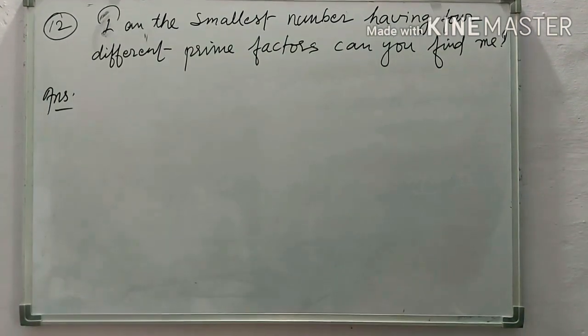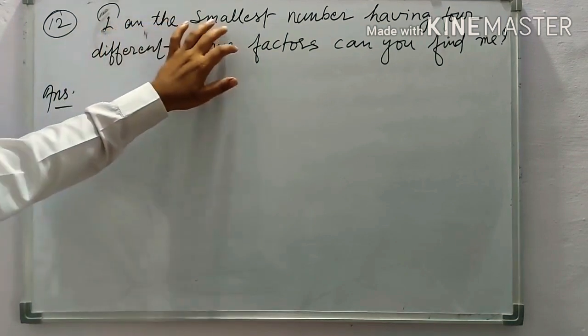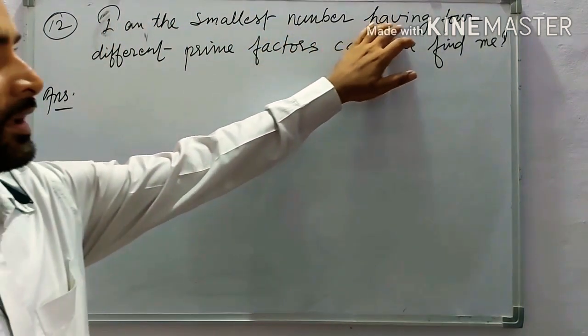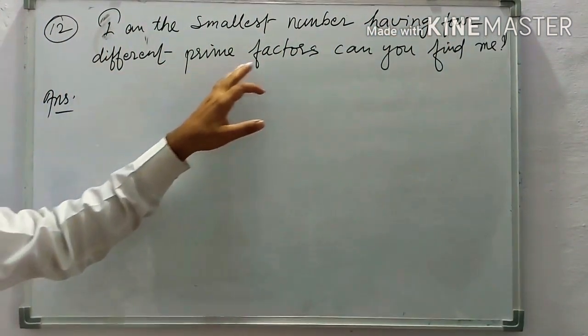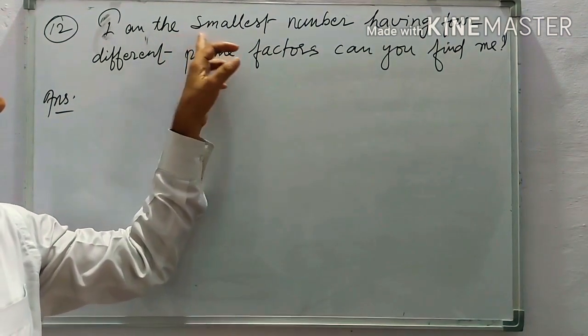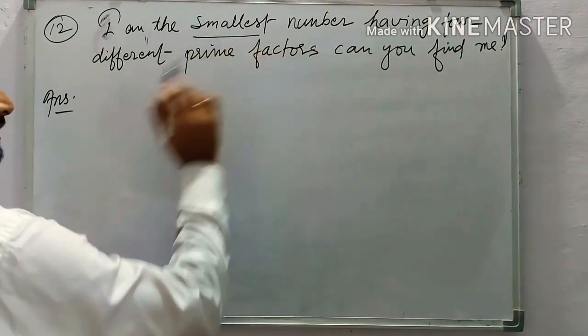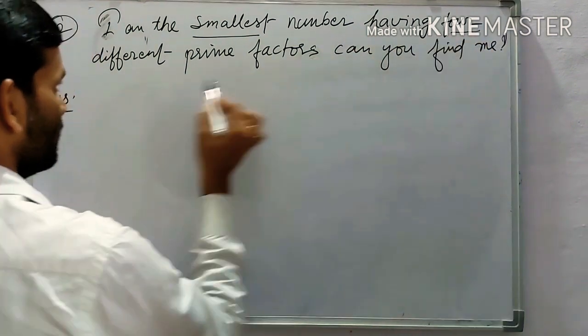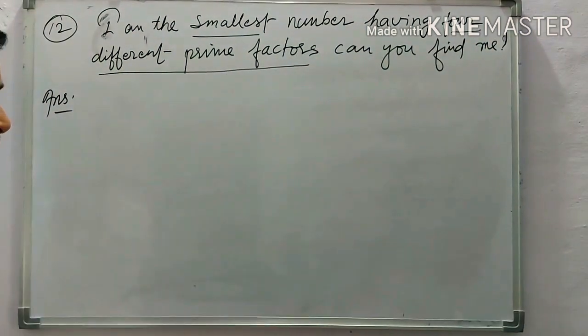The next question: I am the smallest number having 4 different prime factors. The first condition is that I am the smallest, and the second is 4 different prime factors. It means you write the prime numbers in ascending order, smallest to highest.